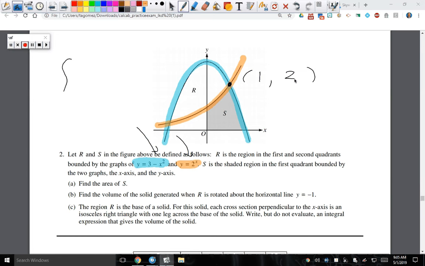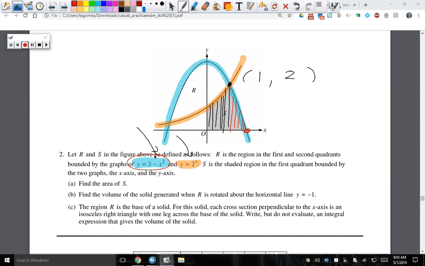All right. So it looks like to me the easier way to do this, well, let me ask you first. Is it dx or dy? Dx, I think. Okay. So I would do dx from 0 all the way to 1, and then dx from 1 all the way to what? Oh, we got to figure that out. We got to figure out when is this graph equal to 0?